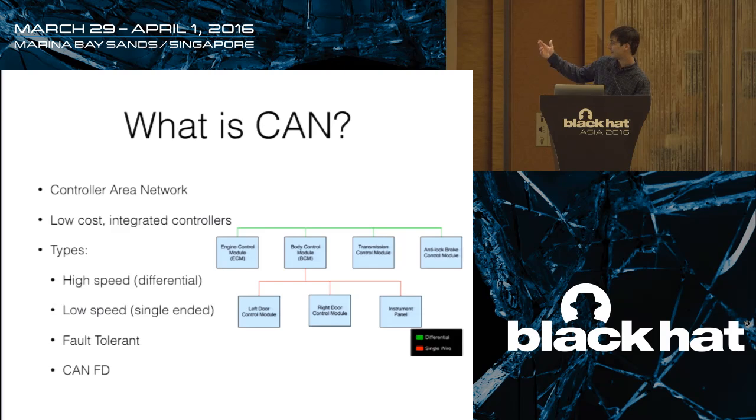Example here, you might have an engine control module that's generating an RPM value. This instrument panel, which is on this other low-speed or single-wire CAN bus, needs the RPM value to properly display your TAC. So the BCM is going to receive that information, wrap it up into a new CAN frame, and transmit it maybe at a different rate, maybe in a different way, but it'll be transmitting that message.